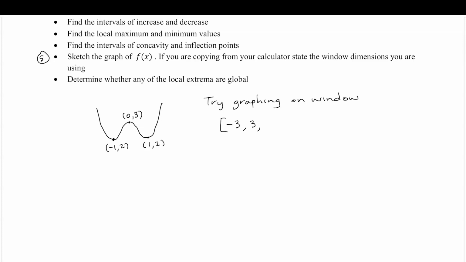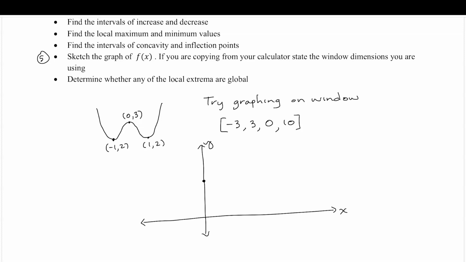For the y, I don't technically need to go below a y value of 2, but maybe I'll start at y equals 0. And I have a relative maximum at a y value of 3, so I want to go a little beyond that. Maybe I'll go as high as 10. You can try that, and if it doesn't look good, you can always adjust it.